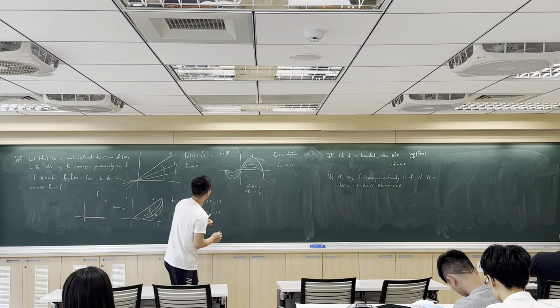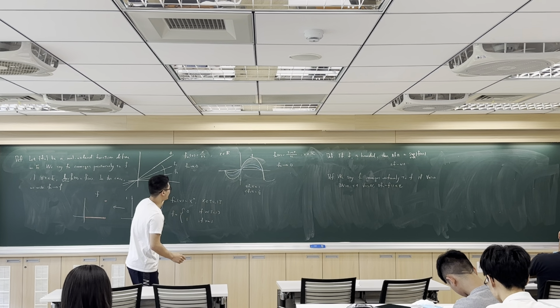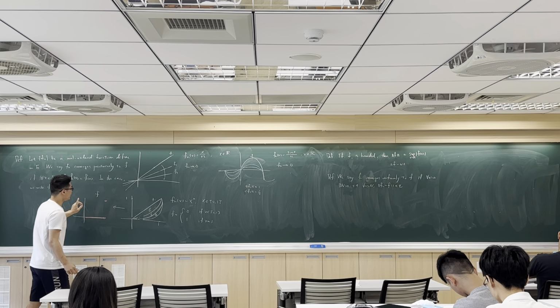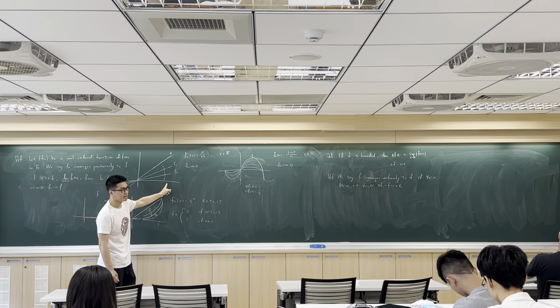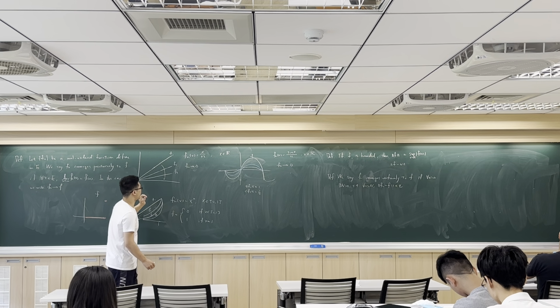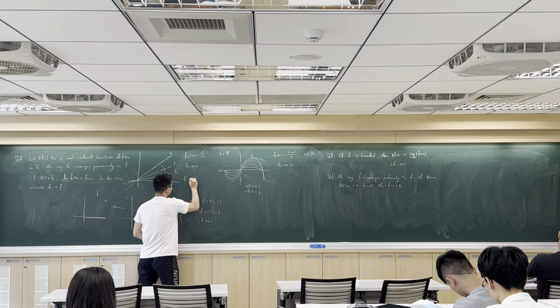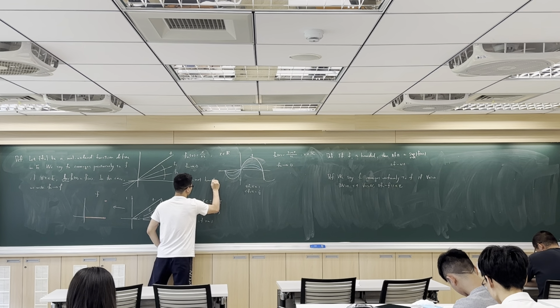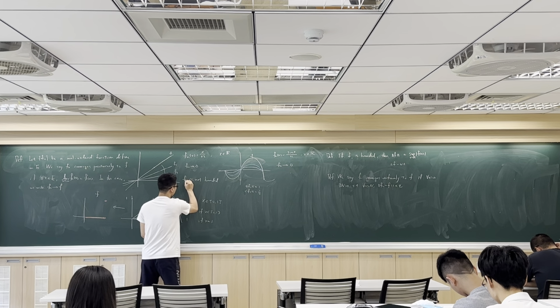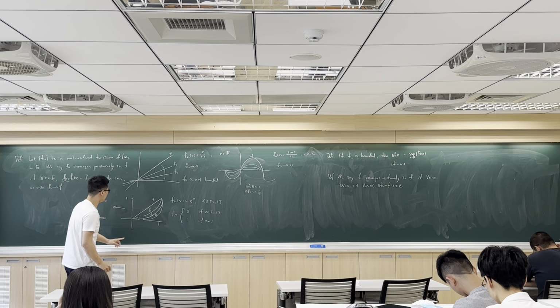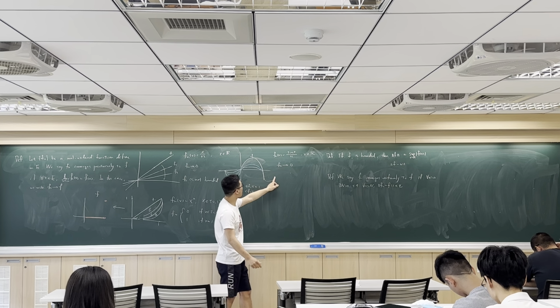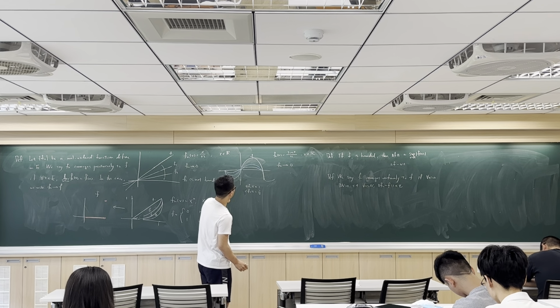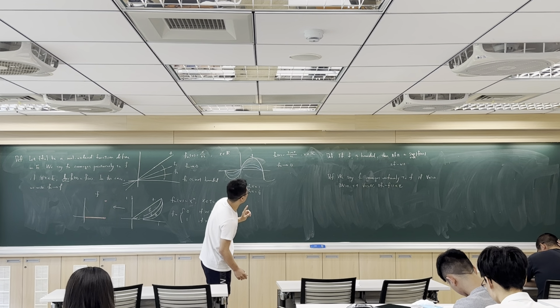Okay, we calculate some examples here. In this case, F is not bounded, so we don't consider this function. What about this? Does Fn converge uniformly or not?